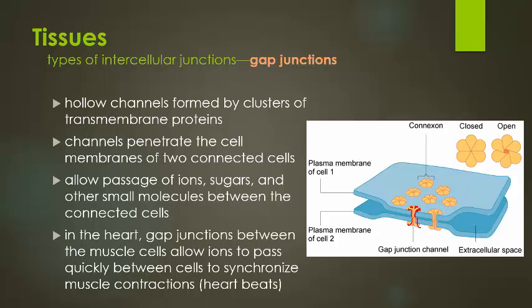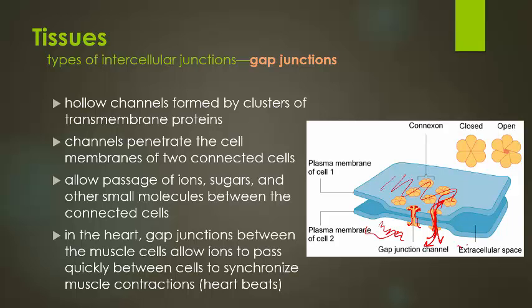But they also have a little channel here that allows ions to move between the two cells. So this allows sugar molecules, ions, and other small molecules to make it from inside this cell here, through this little gap, through this little channel, and then into the other cell.